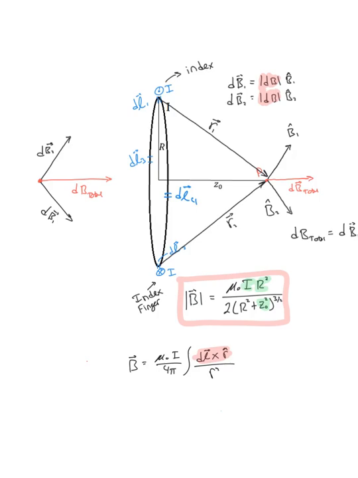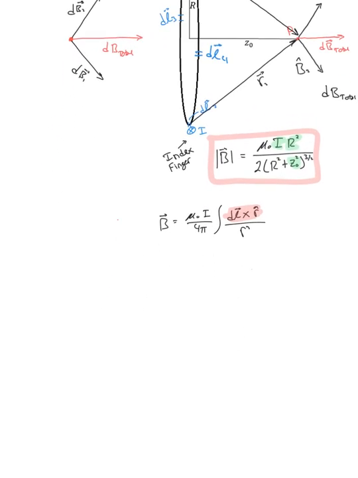So what you will find when you look at a loop like this is that the magnetic field at any point along the center can be given by the magnetic field magnitude here multiplied by the vector that runs along the center of the loop. In this case, it's i hat.